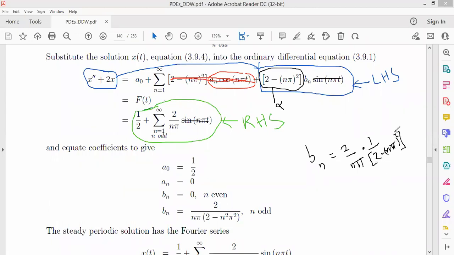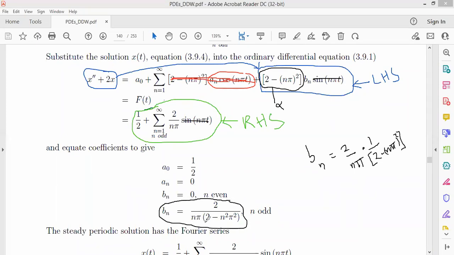So when you square both of these, that's why you see here it is 2 minus n squared pi squared. The 2 you see in the numerator here, it is that 2. So it means our Bn becomes the whole of this term here.